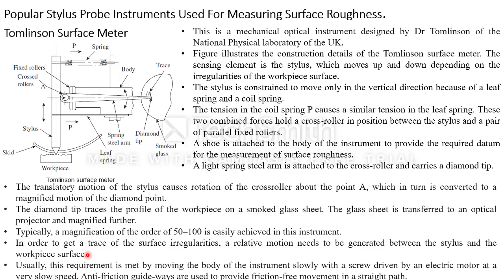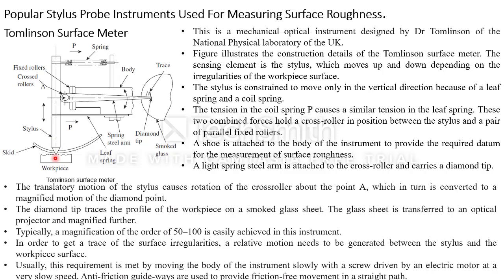In order to get a trace of the surface irregularities, obviously we know that keeping the workpiece at a constant place will not give the continuous irregularities. So the workpiece should be moving parallel to the stylus movement. In the sense, there should be some relative motion between the workpiece and the stylus.